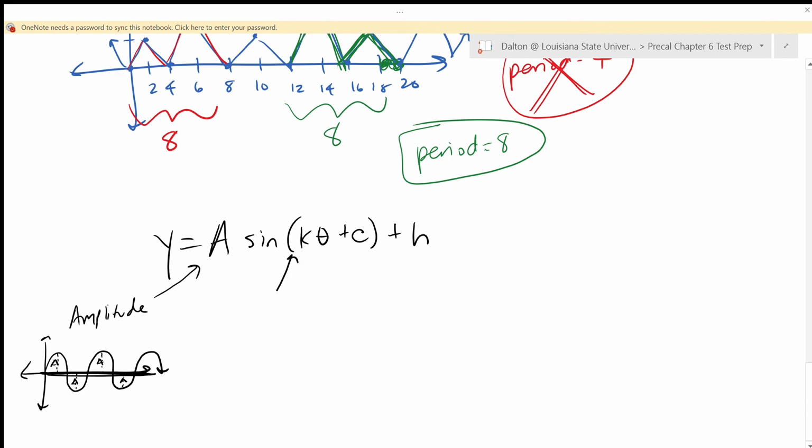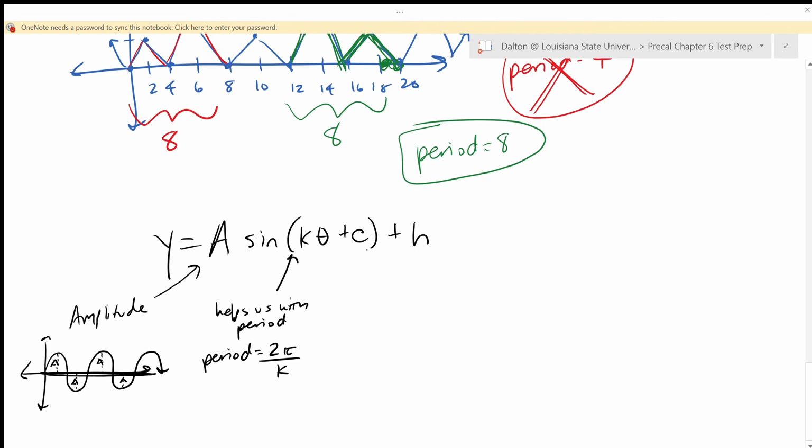K is not something specific where we say, oh, K stands for this. K helps us with the period. The period is found by doing 2 pi over k. So k in and of itself is not an answer to something. You use it to help you find the period. Theta obviously is our angle.